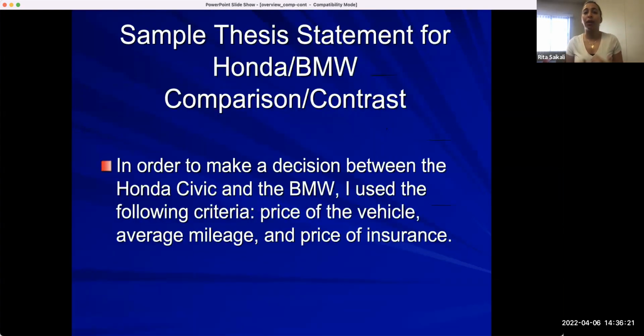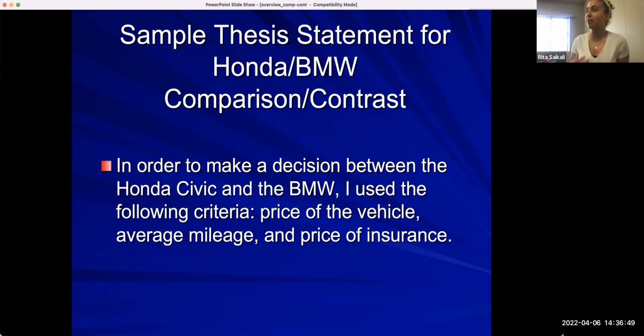All right. So again, this is another one going back to our Honda and BMW comparison chart, right? We can say, in order to make a decision between a Honda Civic and a BMW, I use the following criteria: price of vehicle, average mileage, and price of insurance. So in this thesis statement, we have exactly what we are looking for.